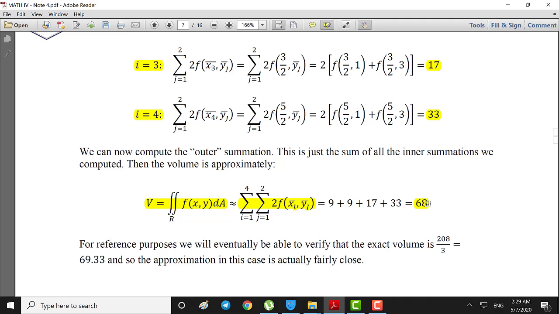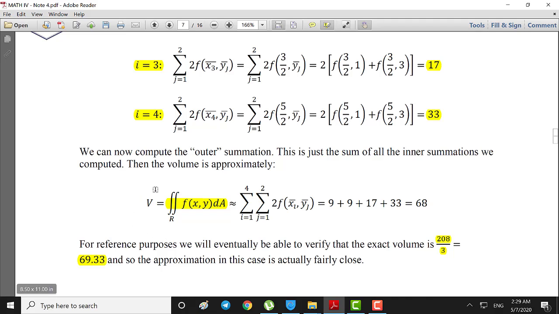Now, after we learn how to calculate the value of this double integral, we're going to see that the value of this double integral is exactly equal to 208 over 3, which is 69.33.